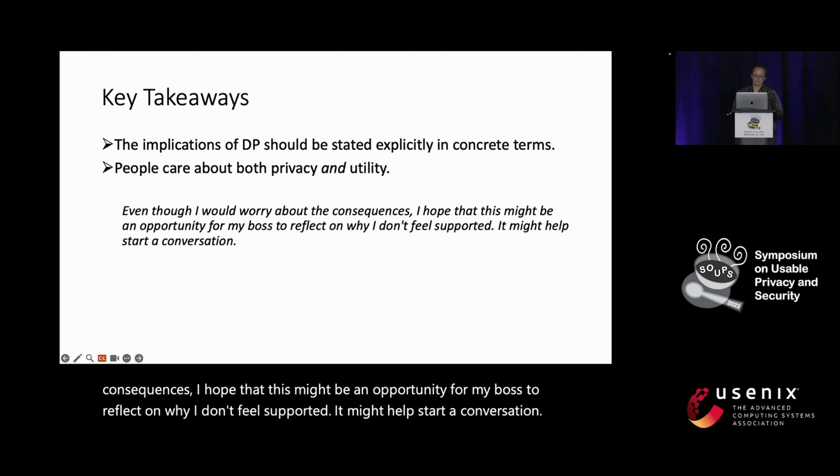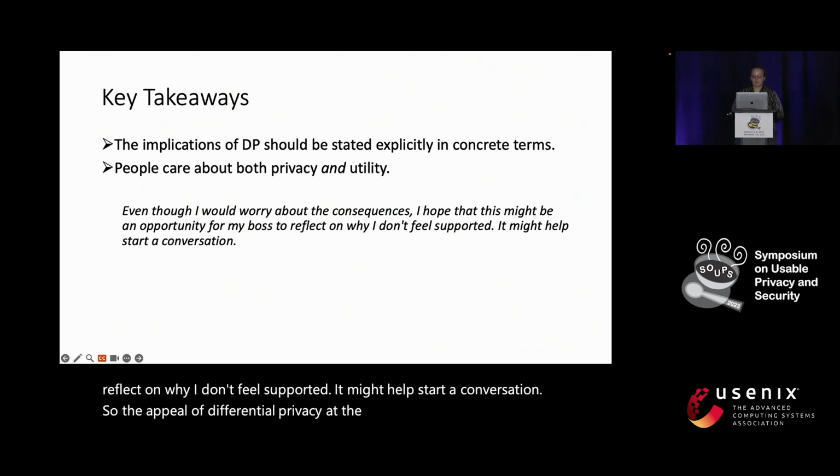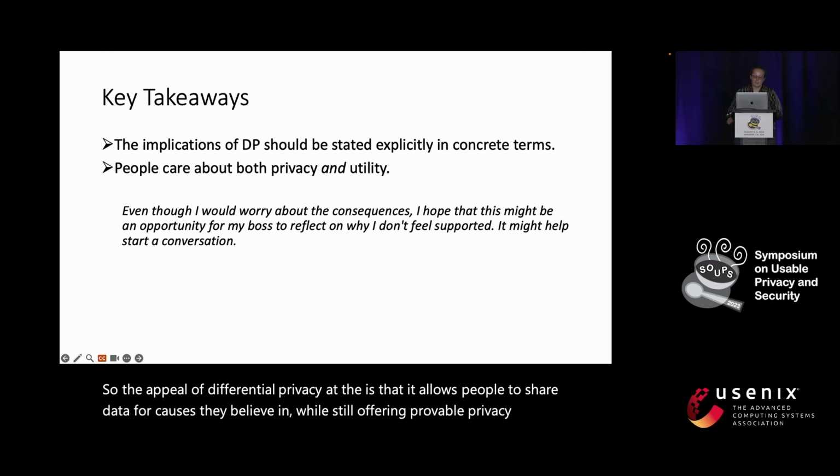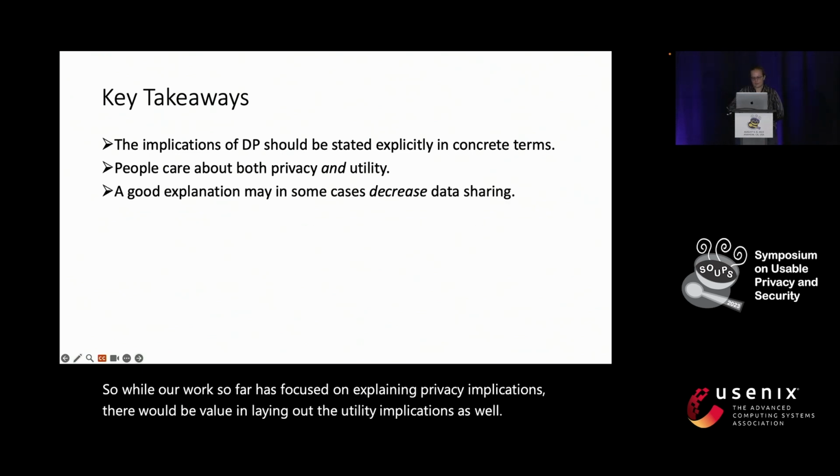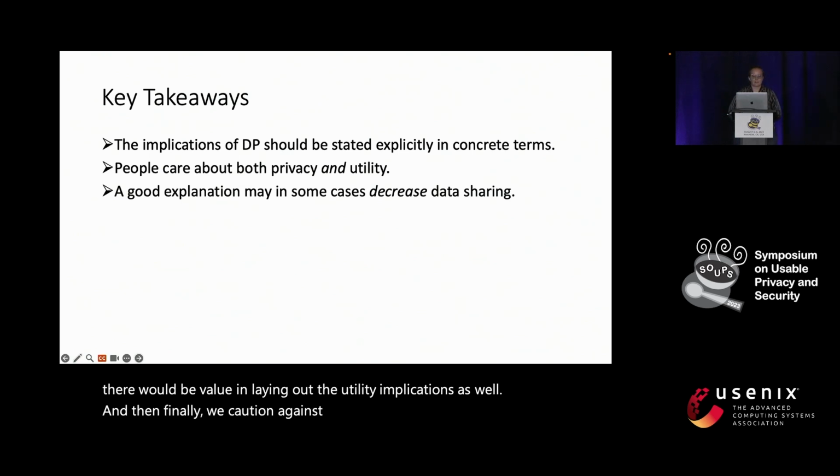So the appeal of differential privacy is that it allows people to share data for causes they believe in while still offering provable privacy guarantees. While our work so far has focused on explaining privacy implications, there would be value in laying out the utility implications as well.